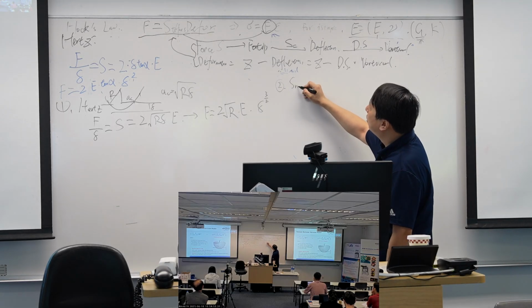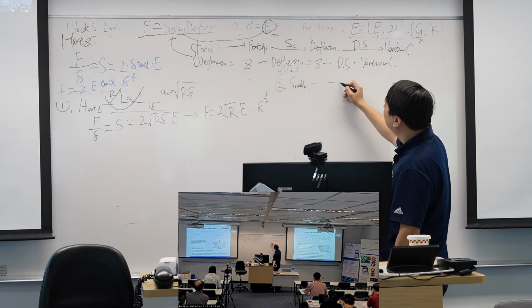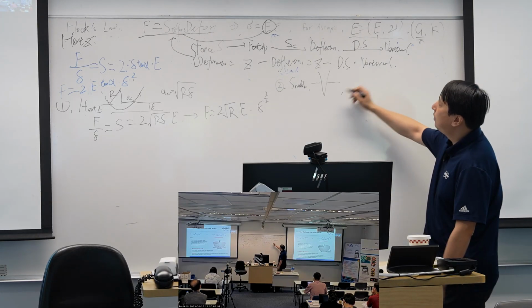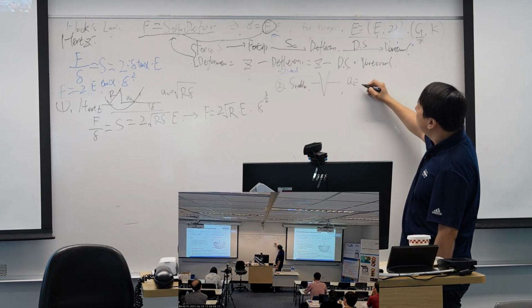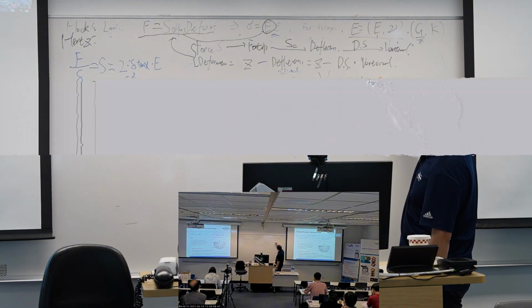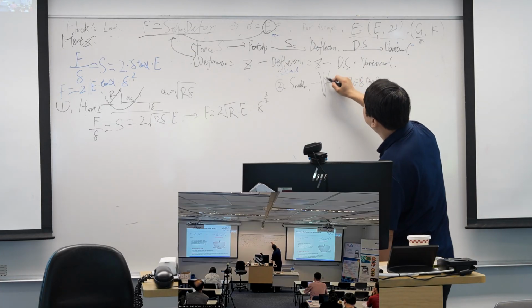For the Sneddon model, we are using a cone to penetrate my sample. And the contact radius is the deformation times tangent alpha. The alpha is the half angle.